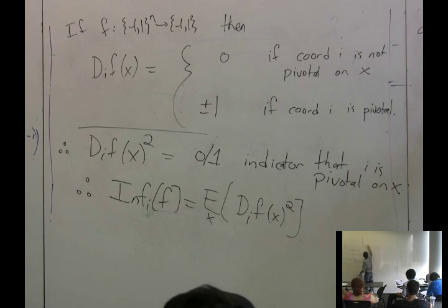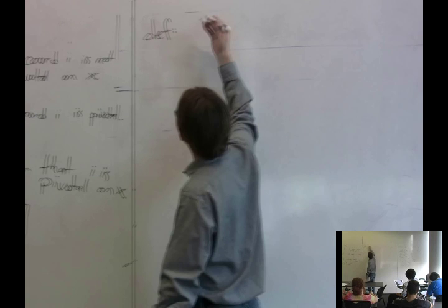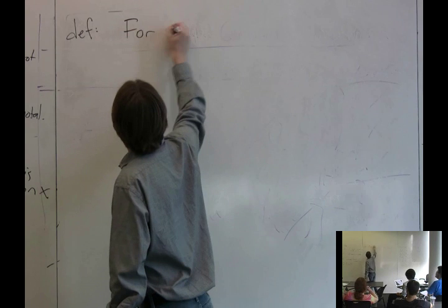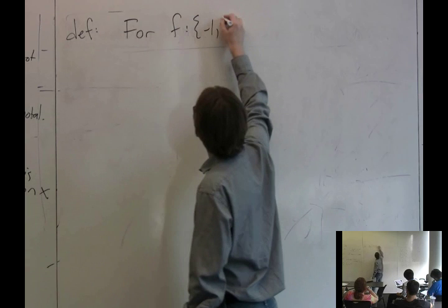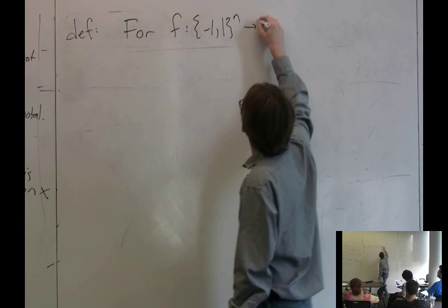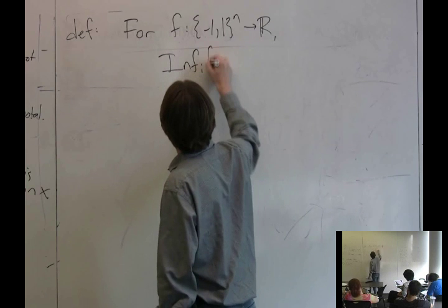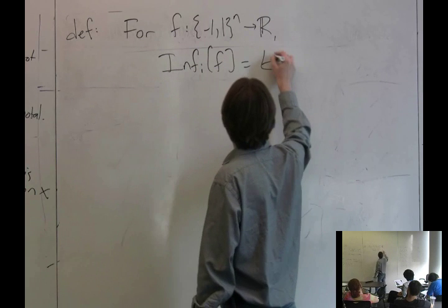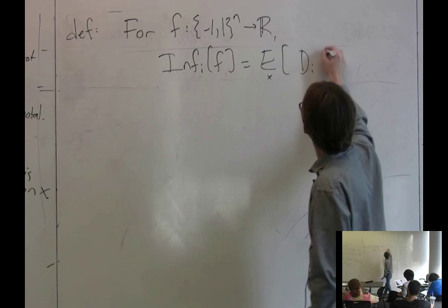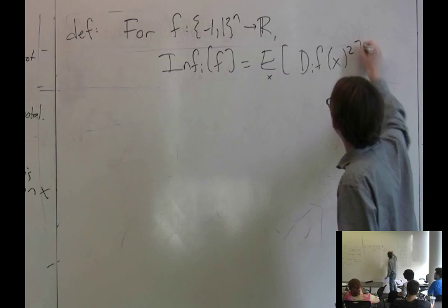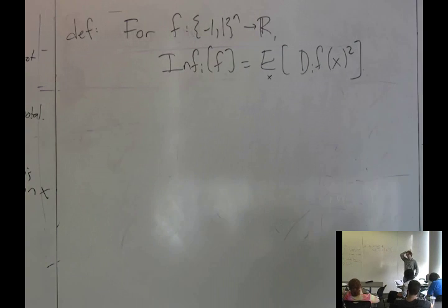So what I'm saying here is that this is a generalization of our earlier definition. If you have a real-valued function, we define the influence with this formula. It's non-negative, for example, but not necessarily at most 1.